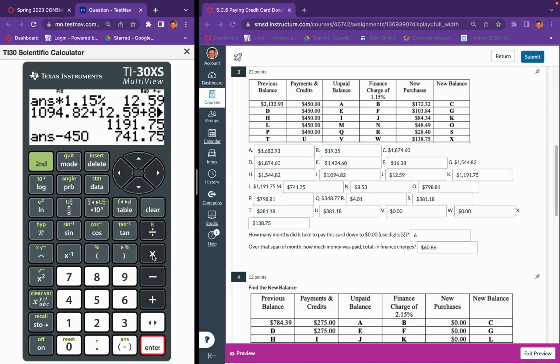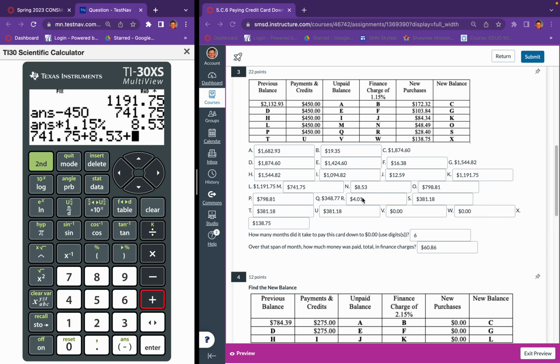And then we're going to multiply it by 1.15%, 8.53. And then we're going to take 741.75 and add it to 8.53.